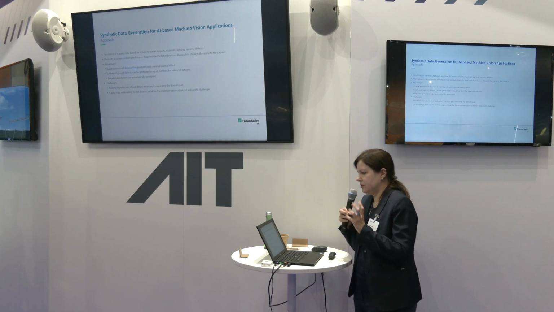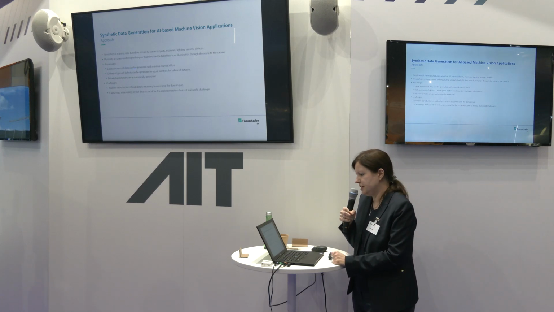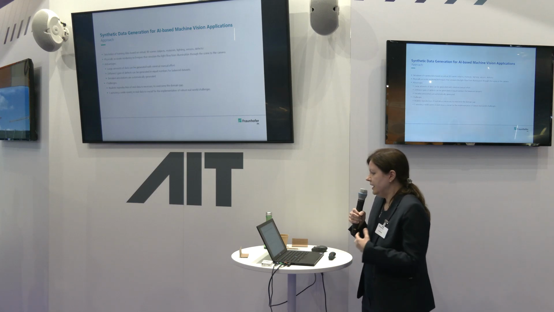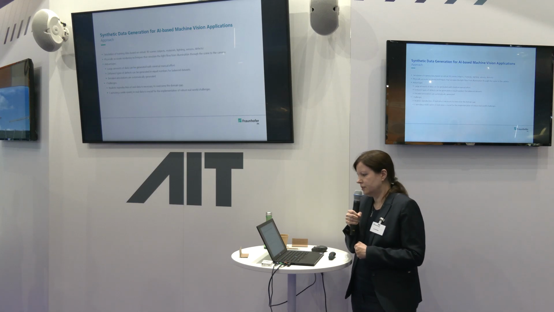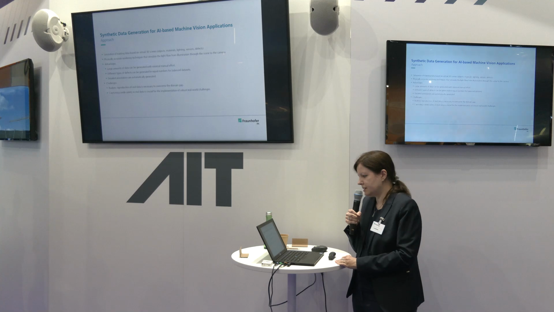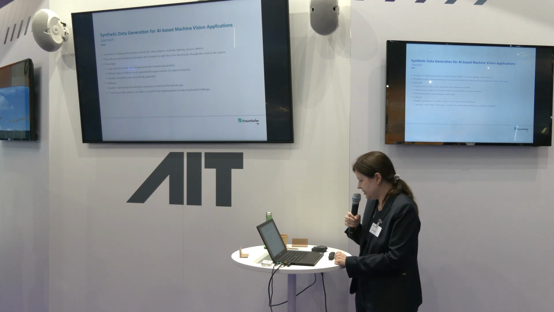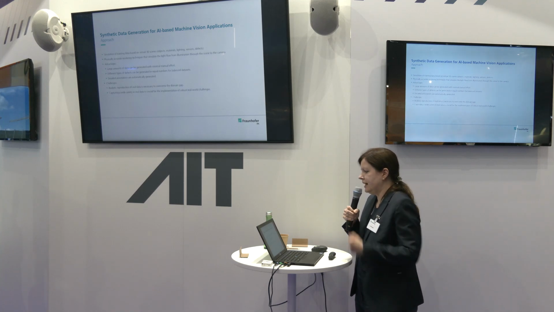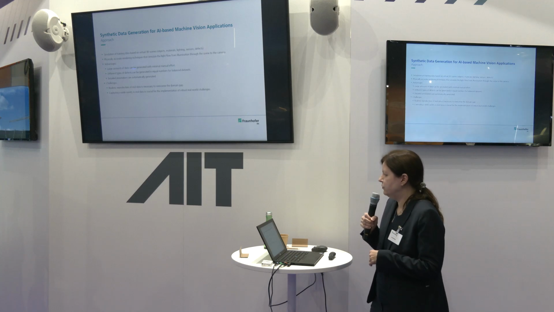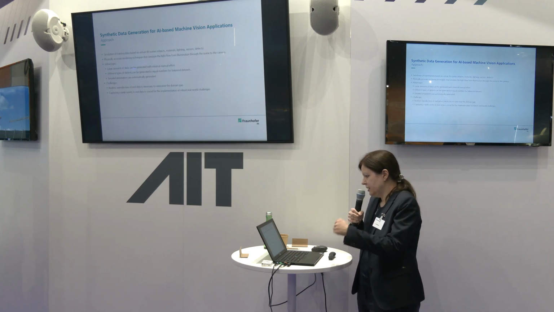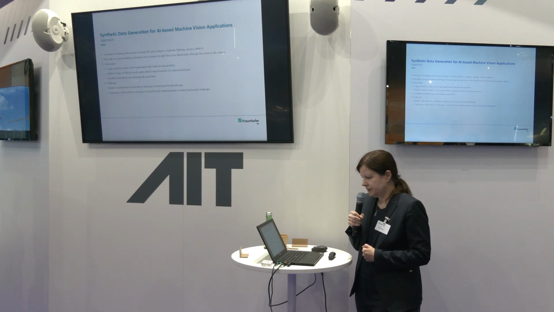All this is built up in a virtual 3D scene. And then we use physically correct rendering techniques to simulate a light flow from the illumination through the scene to the camera.